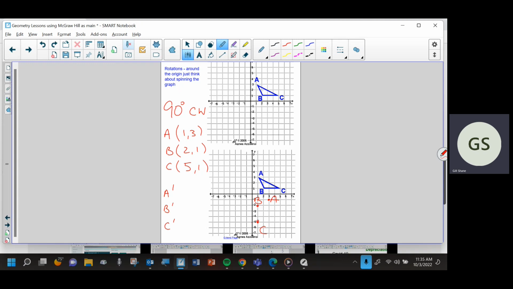Again, the numbers don't change. Didn't slide the figure around, we just spun the whole graph around. So if it was on 3 here, when I rotate it, it's still going to be 1 away from 3 technically. And that makes sense because from B to A, I go over kind of and closer. So I go over and closer to the axis.